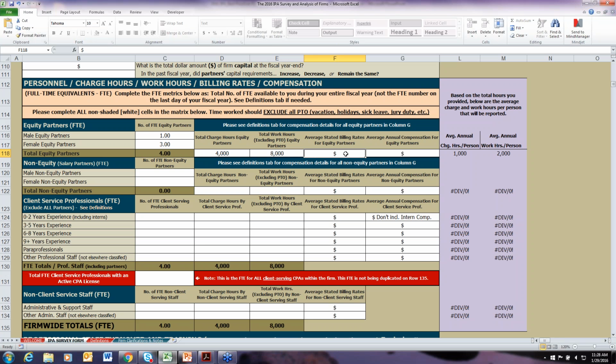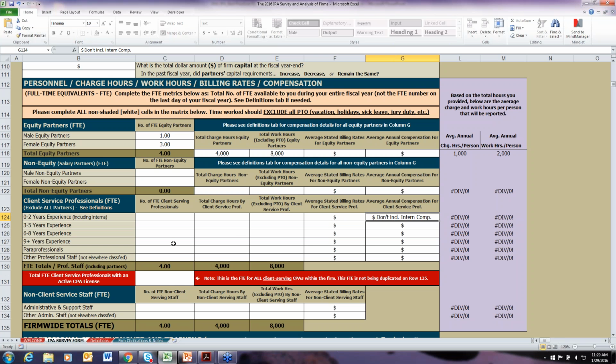So if you've got a lot of different billing rates for equity partners, for instance, we're looking for the average billing rate for that group. Column G is looking for average compensation for the individuals in this group. For 0 to 2 year people, don't include intern compensation as it skews the results.